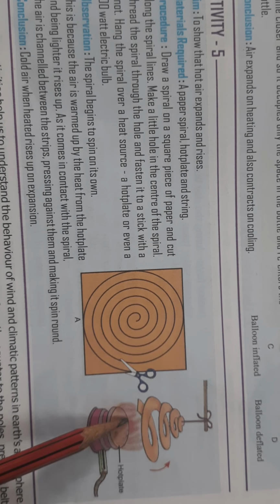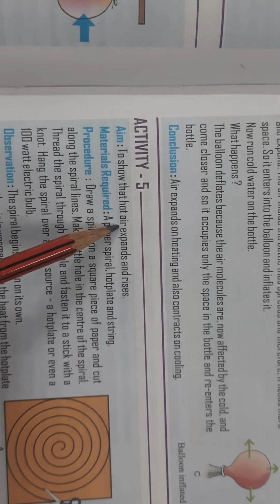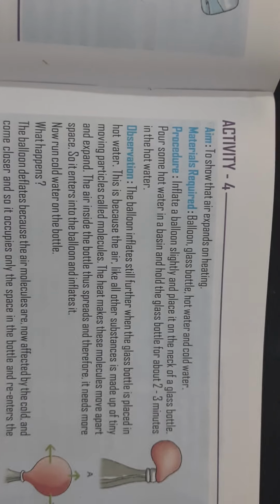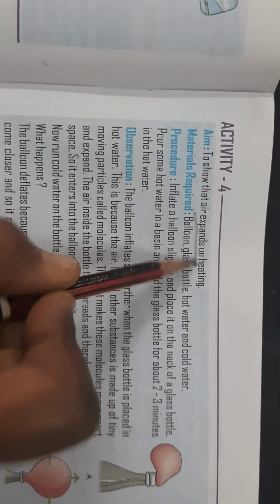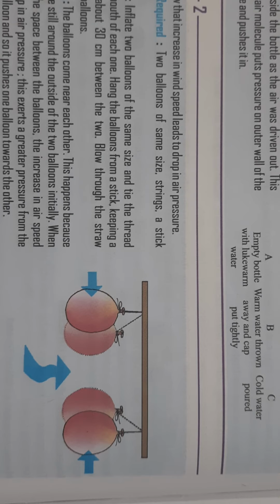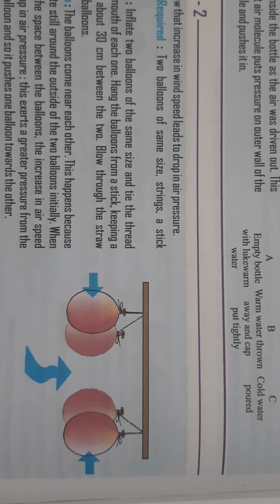So children, you have learned so many things about air. One is that hot air expands and rises up. Here it's showing that air expands on heating. Then you have also studied that reduced air pressure can lift objects upward.